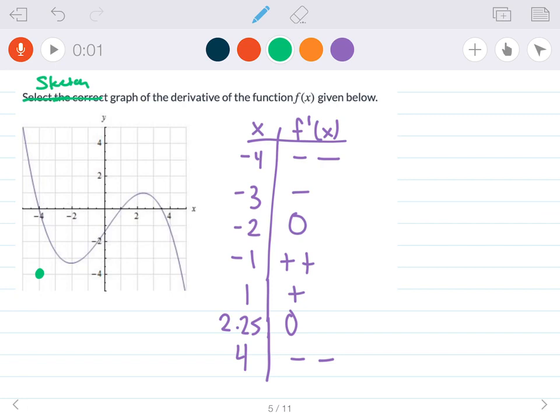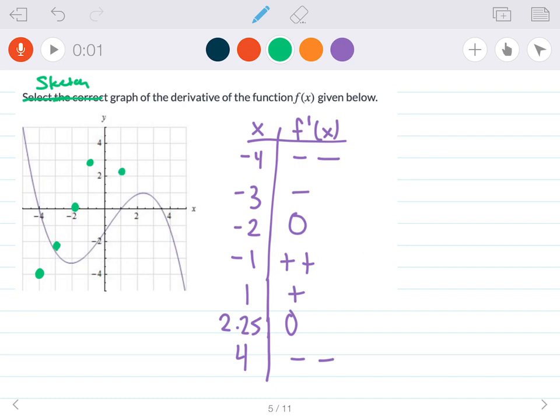When x is equal to negative 3, it's still going to be negative, but not quite as negative. Maybe like that. Negative 2, it's going to go to 0, or y value 0. At negative 1, it's going to be slightly positive, maybe like that. And at 1, it's going to be still positive, but it's going to dip down a little bit.